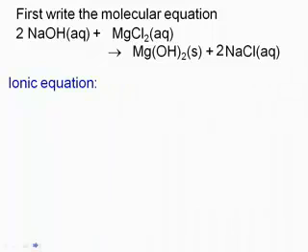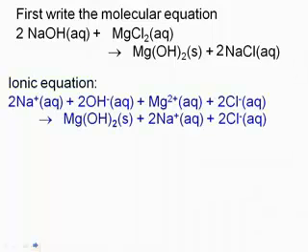Then to get our ionic, we're looking for our strong soluble electrolytes, and those are going to be dissociated. So strong soluble, as you can see, we have the sodium hydroxide. And again, if it has a coefficient in front of it, you're going to carry that through to the ionic. So see here we have the 2 in front of the sodium hydroxide.